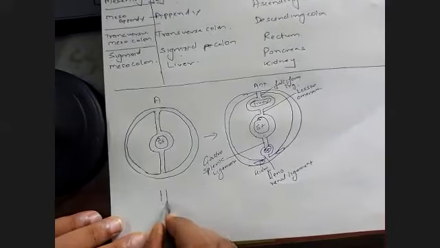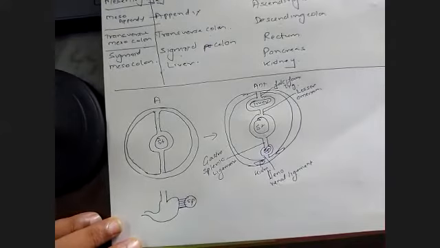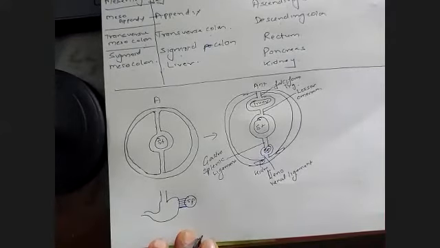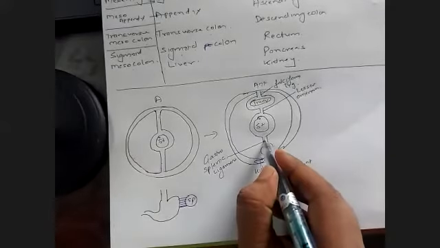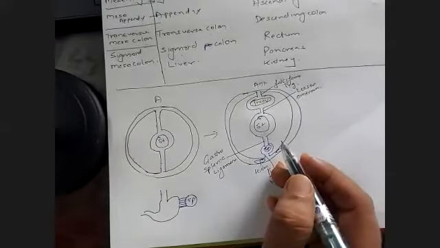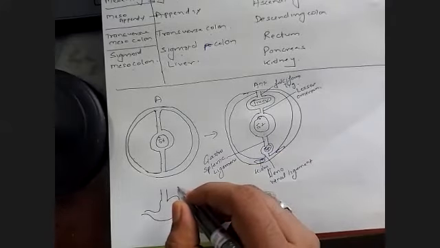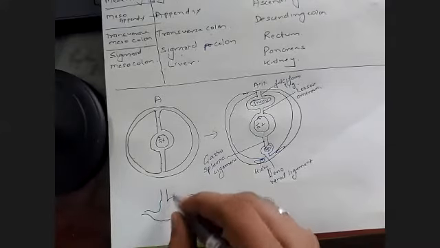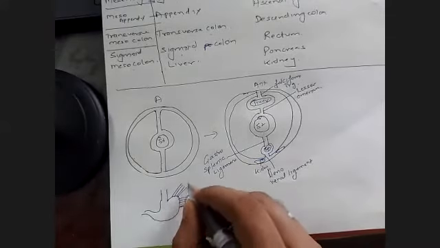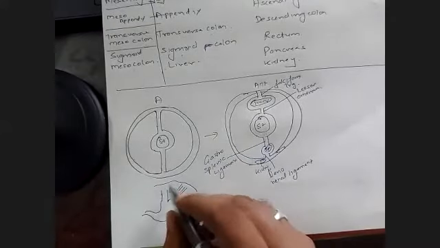This is stomach, and this is spleen, and this is the gastrosplenic ligament, what we are seeing here. But also developing from this part is gastrophrenic ligament, which is going to the diaphragm. So this is gastrophrenic.